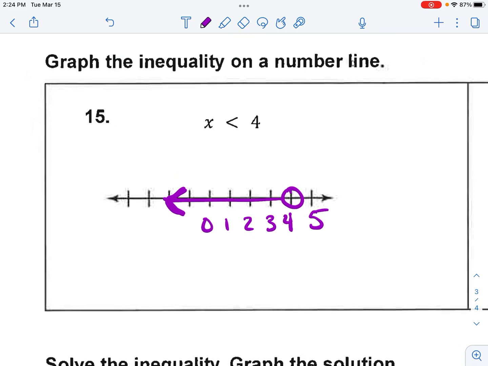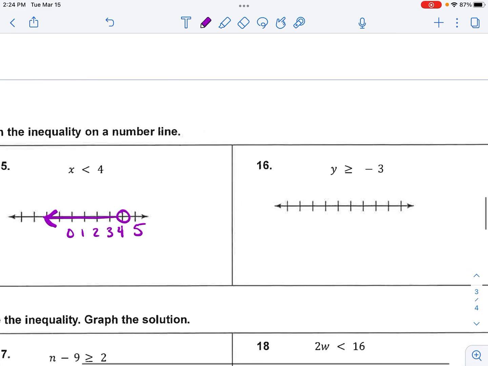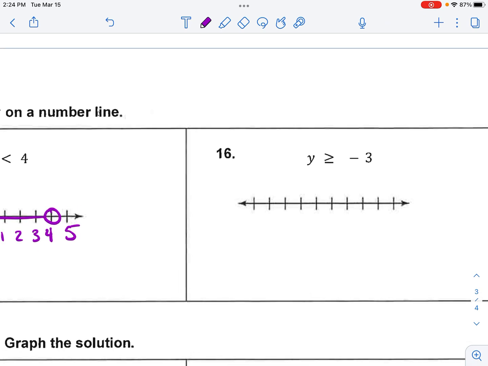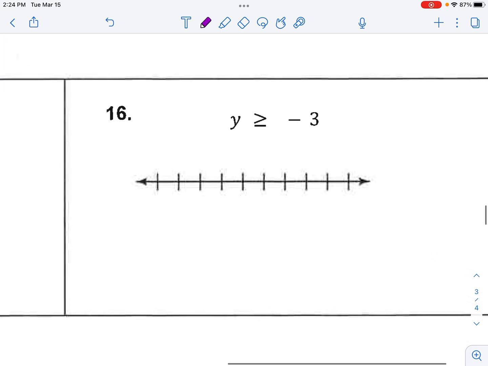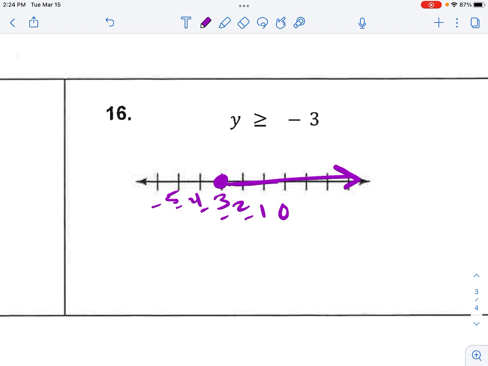All the numbers less than 4. Number 16, y is greater than or equal to -3. Greater than or equal to means a closed circle on -3, because it could be -3. And this arrow is pointing to the right, all the numbers that are greater or bigger than -3.